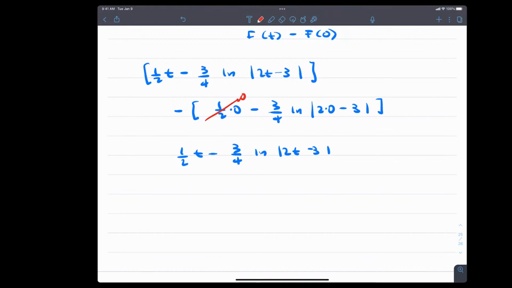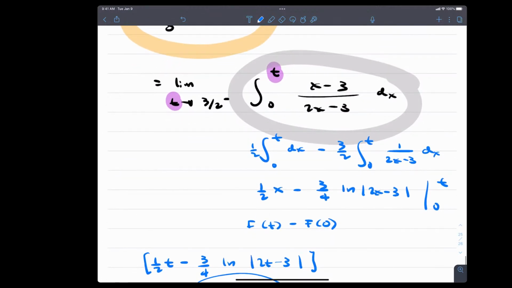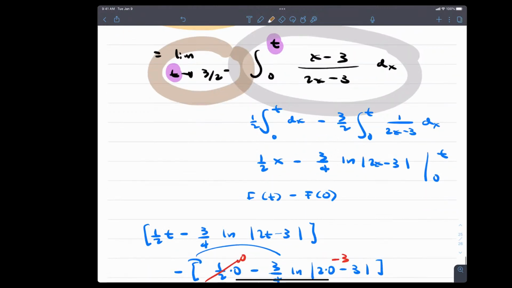And you're going to have here a negative 3, right? Absolute value, though. So this is going to be a plus, because you distribute the sign, 3/4 natural log of 3, because the absolute value of negative 3 in there is positive 3. And this limit is t going to 3/2 from the left.